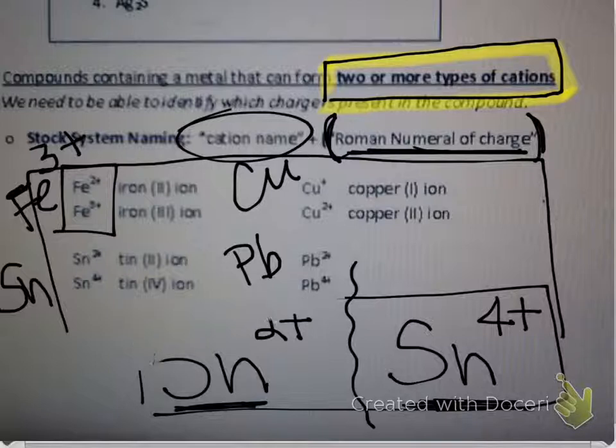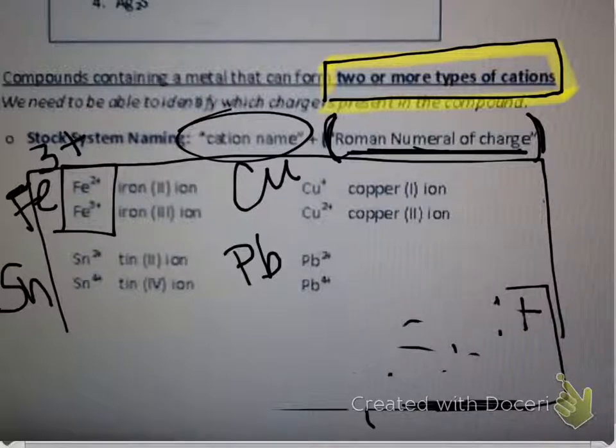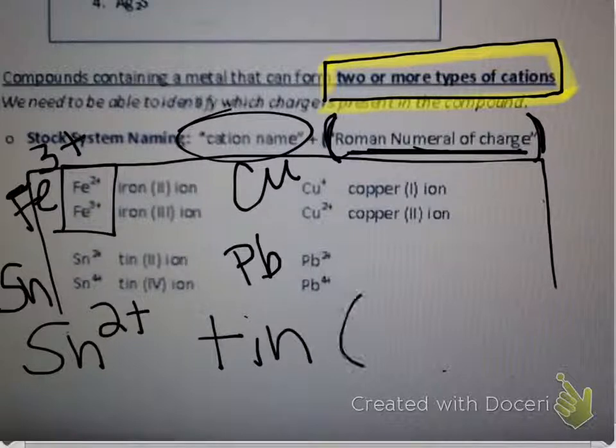So, how do we write that? Once again, remember the Stock system writes the name of the cation down and uses the Roman numerals to indicate the charge in parentheses. So if I had the Sn2+, the tin 2 ion, I would literally write tin, parentheses, Roman numeral 2, ion.